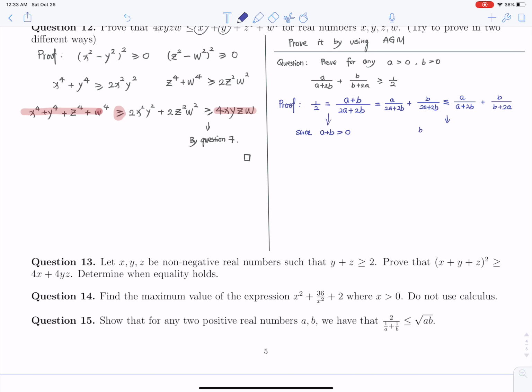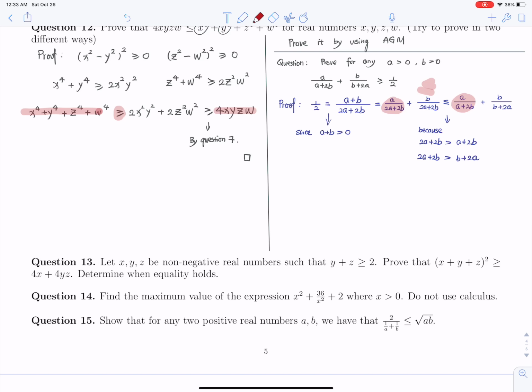Because we know that 2A plus 2B is greater than A plus 2B. 2A plus 2B is also greater than B plus 2A. So if you divide by a smaller number, the whole thing is going to be bigger. So what I used is this is greater than or equal to this.